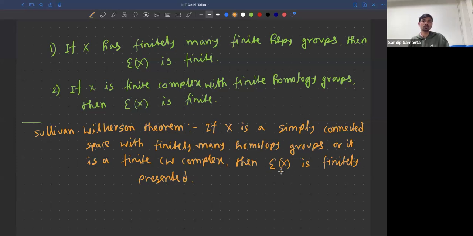So finitely presented means it is generated by finitely many elements, and the relations between those generators are also finite. So this is kind of a general structural theorem for any simply connected finite CW complex, or having finitely many non-zero homotopy groups. In that case, this is a nice result.